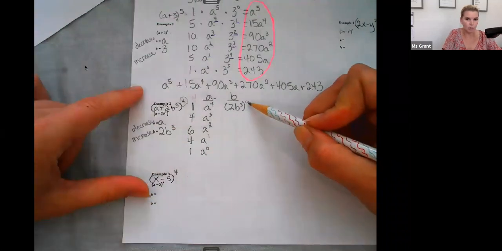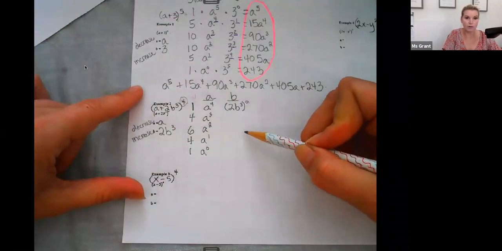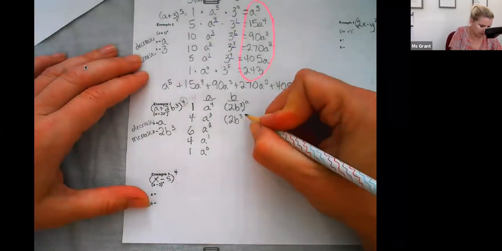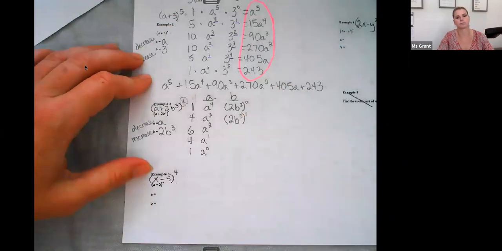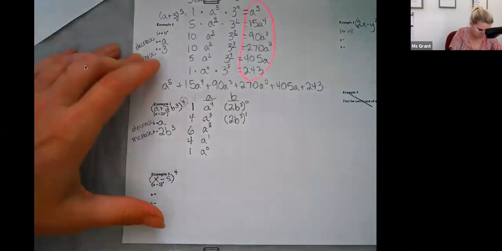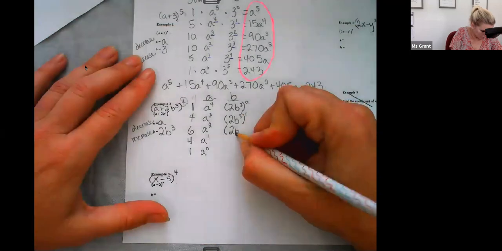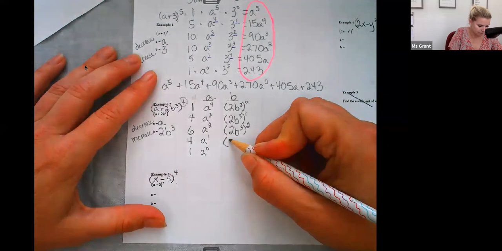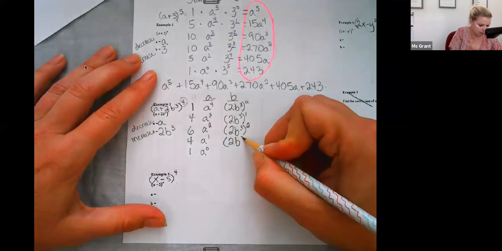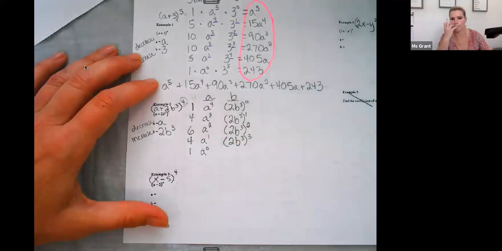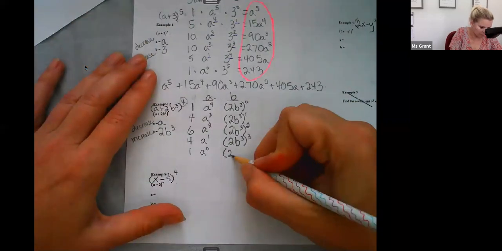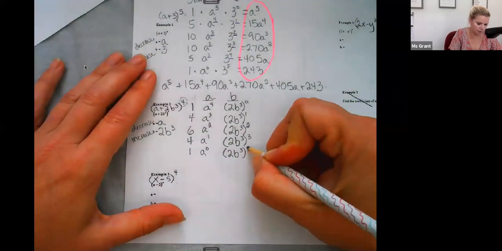Next, 0, first power, second power, right? 2b to the third power to the first. 2b cubed squared. 2b cubed to the third cubed. 2b to the third to the fourth.